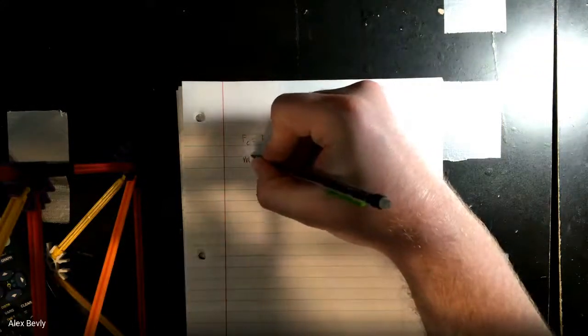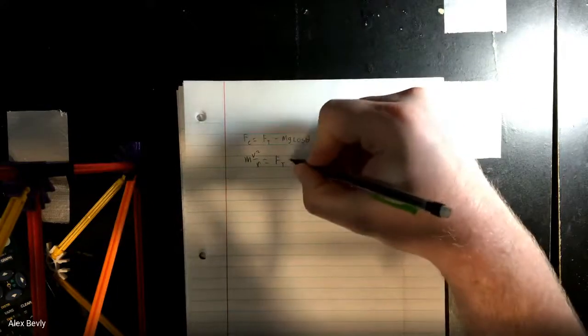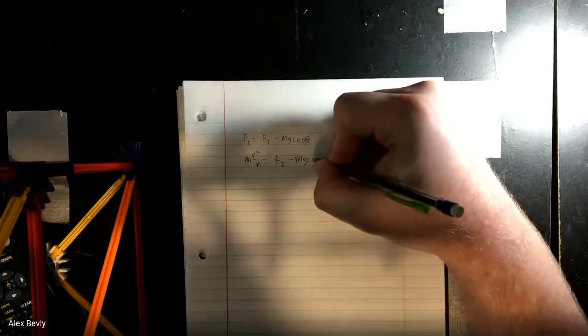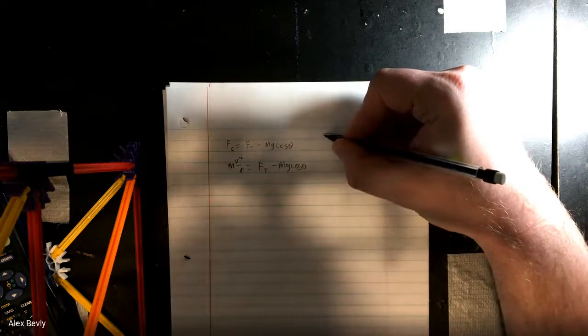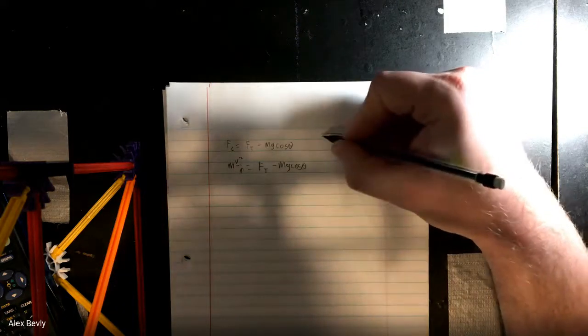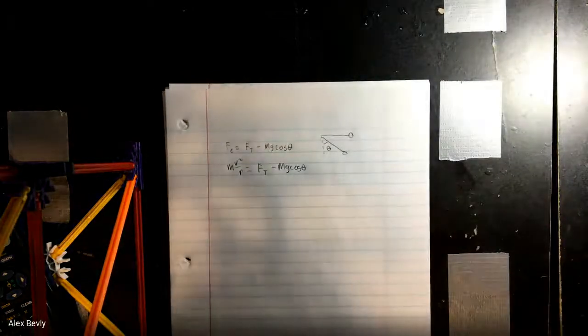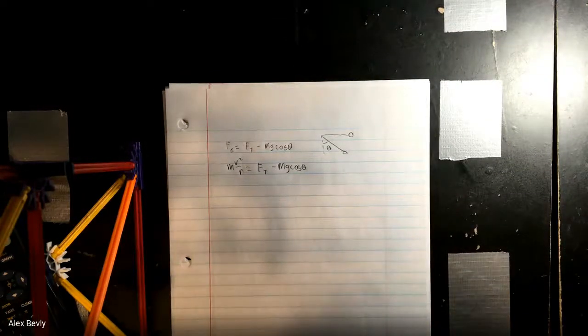So you'd have mass times speed squared over radius is equal to tension minus mg cosine theta. You'd have to get your speed using conservation of energy. If we start here and then we go down, I'm using angle theta here in order to get that cosine.